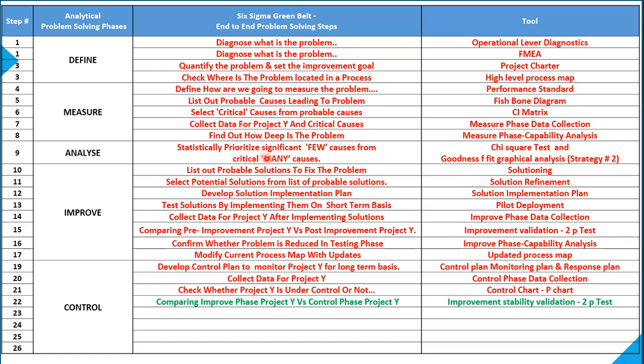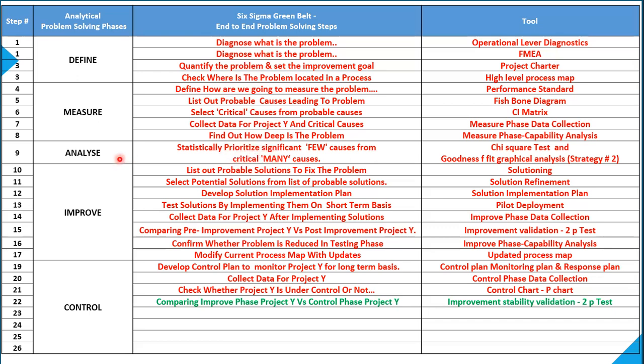So you can imagine from 20-25 different probable causes, you figure out the 3 to 4 most significant causes which have a relatively higher impact on our problem. If you could fix these causes, that will definitely have a relatively higher impact on the problem. That's the foundation of our philosophy or thought process in Six Sigma.